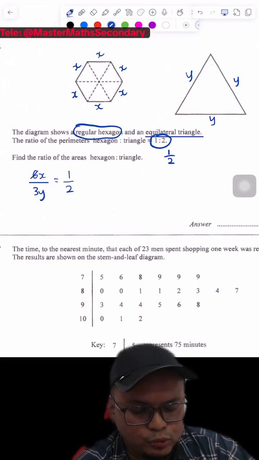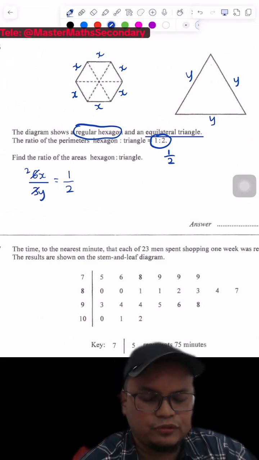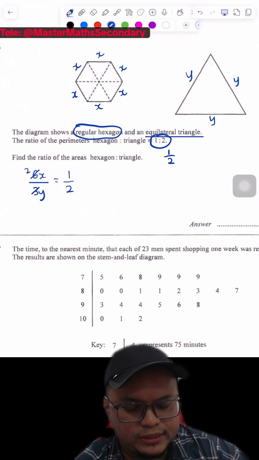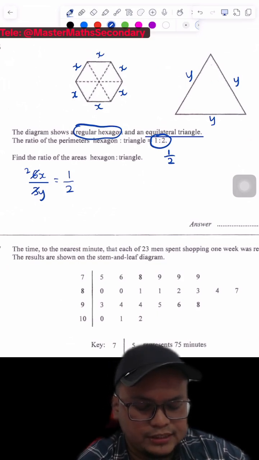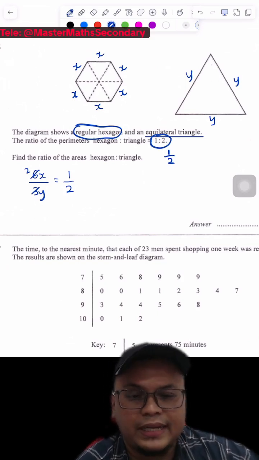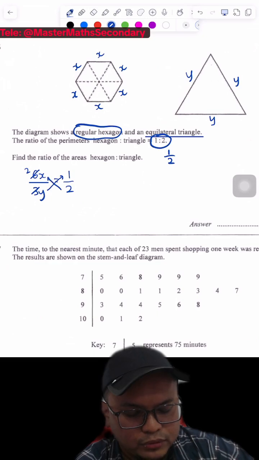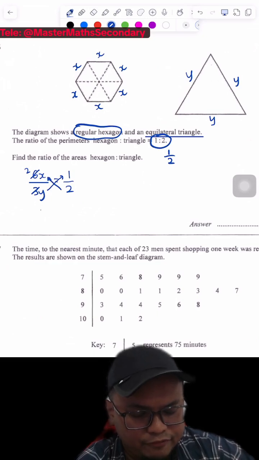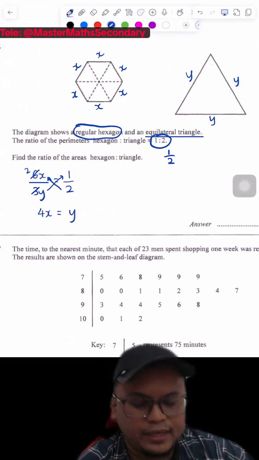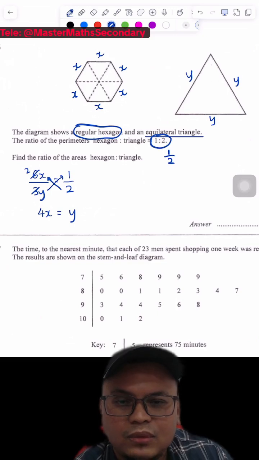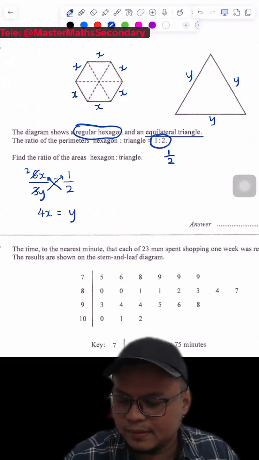I get 2x here, cancel off with the 3. So I can get rid of the fractions, I can cross multiply. I multiply y with 1 and 2 with 2x. So in other words, 2 times 2x is equal to y times 1. In other words, y is actually 4x.